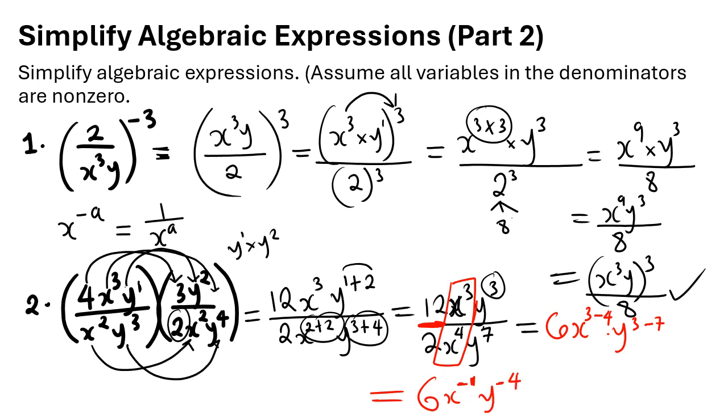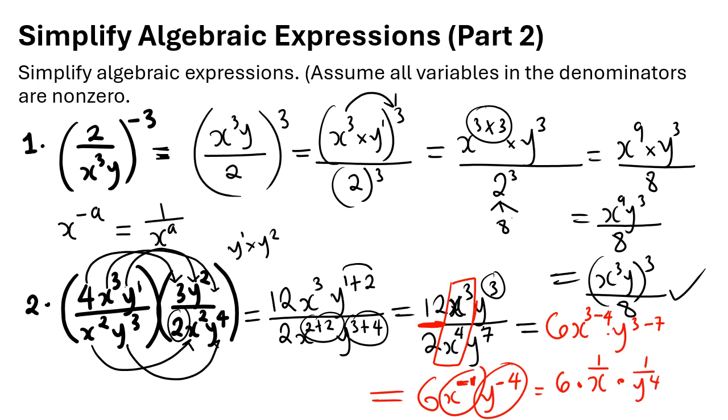Now, again, when you have an expression like this, you have to now simplify that to the reciprocals of that. So this is going to be 1 over x, because it's just x to the power of 1. So I have to rewrite that as 1 over x. And then for the second expression, it will be 1 over y to the fourth. So which means I'm looking at 6 times 1 over x, times 1 over y to the fourth power.